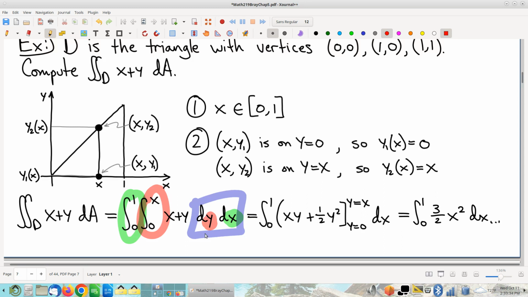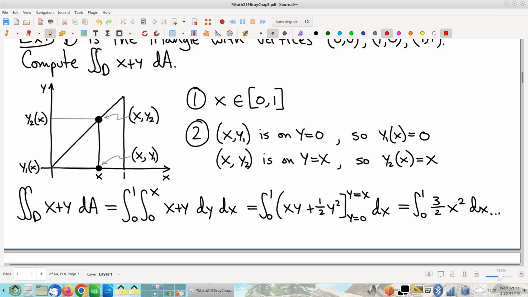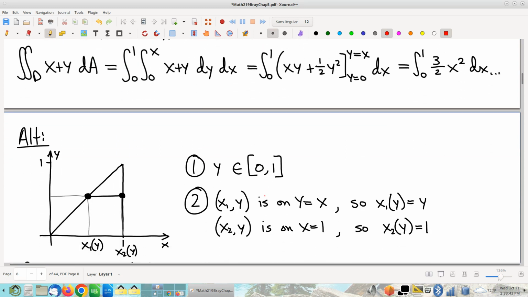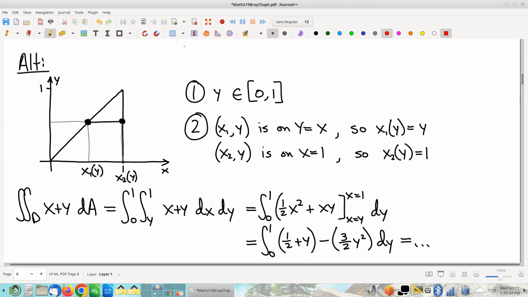Now, what I want to do in the remaining minute and a half, and this should be fine, it's going to be super quick: what if we sliced the other way? What if instead of dy dx, I did dx dy? I'm going to go quicker through this one because it's morally equivalent, but just sort of opposite.